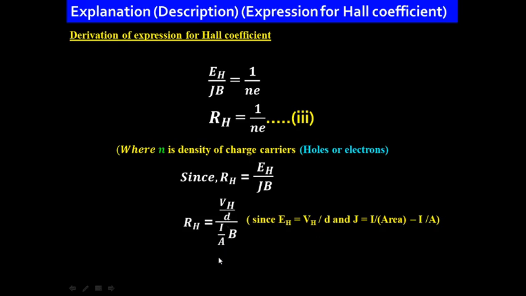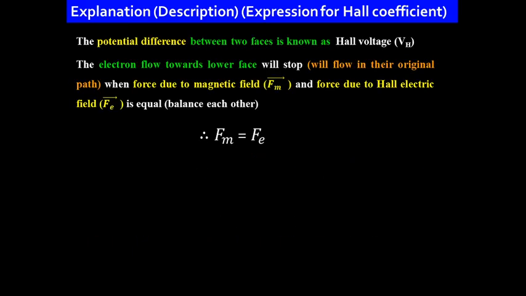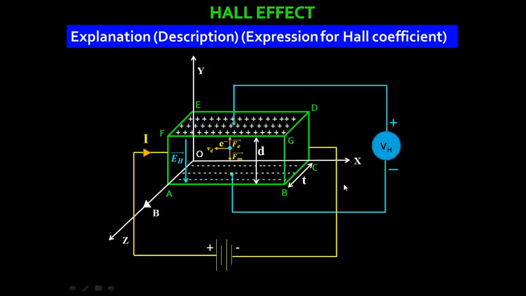Now, the cross sectional area of that semiconducting slab. So how to calculate the cross sectional area? Again I am showing that diagram. So this is the diagram, and cross sectional area means this area, because current is passing through the cross sectional area. So how to calculate the area of this?